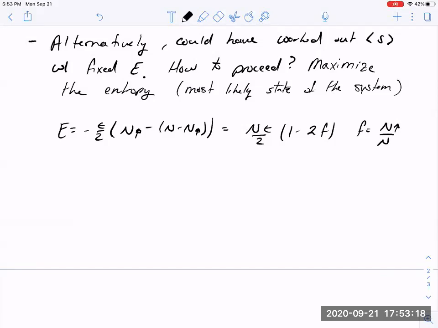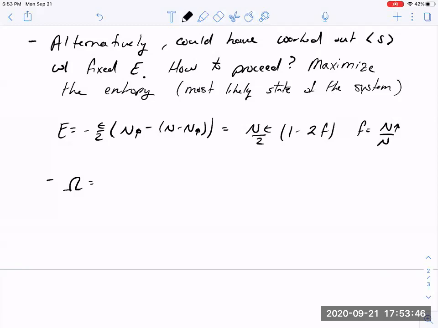So there's a one-to-one mapping between the energy of the system and the fraction that are up. So if we fix the fraction, we fix the number that are up, the energy is identically fixed. That makes our life easy because then counting the total number of states, omega, boils down to just counting how many ways I can arrange n up spins on a lattice of N total spins.